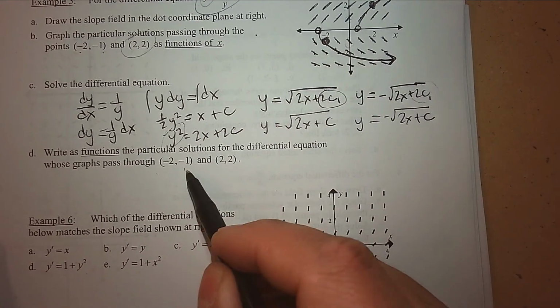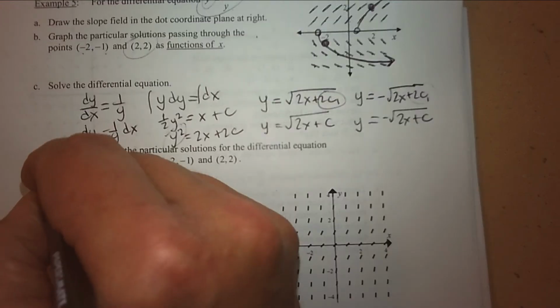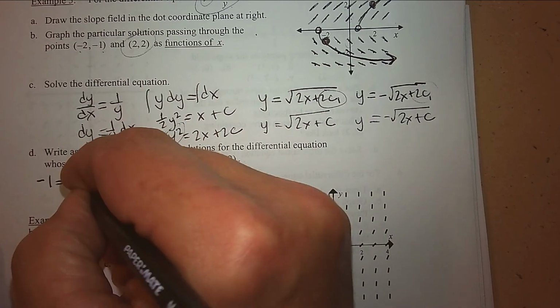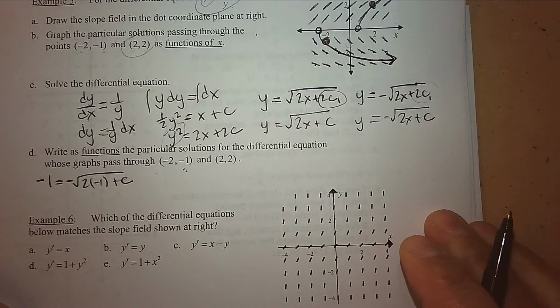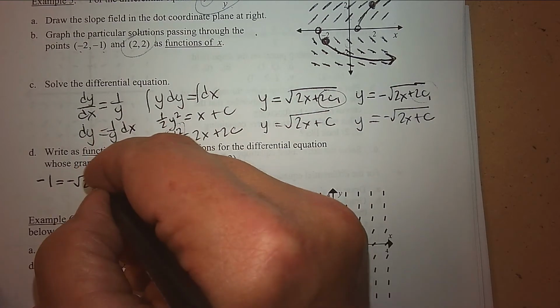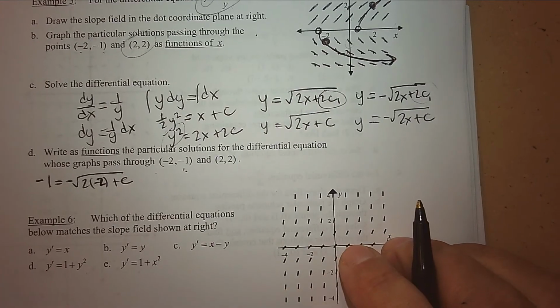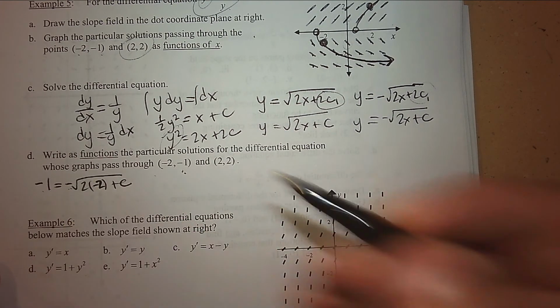So for -2, -1, the y coordinate's negative, use the negative, and it's going to be -1 equals -2 times -1 plus c. So I plugged in -1 for y, -2 for x, and now can you solve it? So what happens to these negatives?